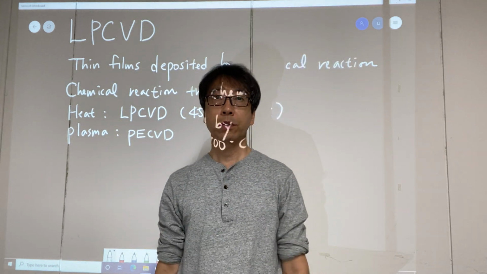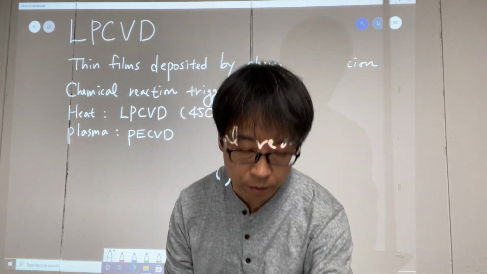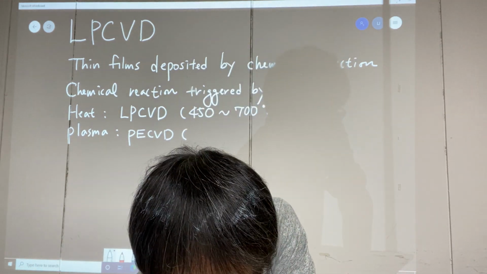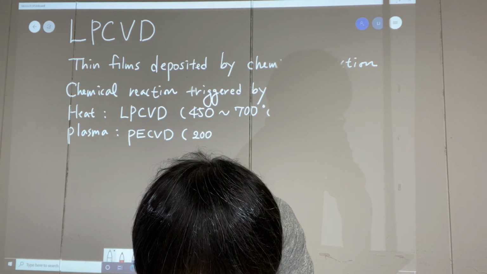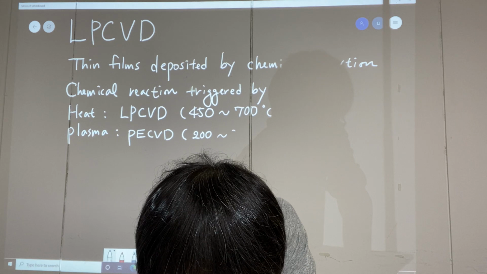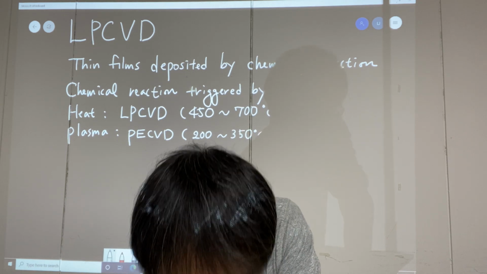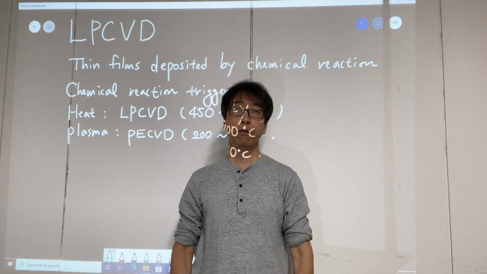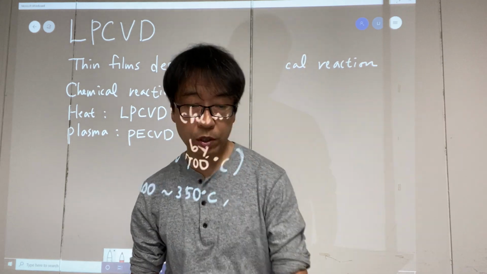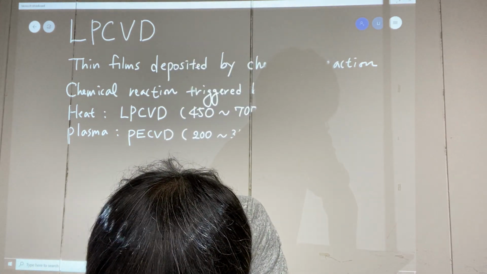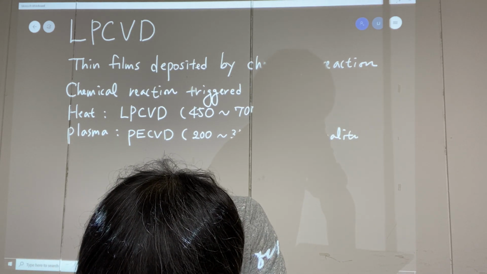Okay, so I'm gonna quickly cover PECVD later. In this case, the temperature range is much lower than the LPCVD temperature, 200 degrees Celsius to 350 degrees Celsius. Instead, you have to compromise the film quality. Okay, so the film quality will be pretty low in this case. Low quality film.